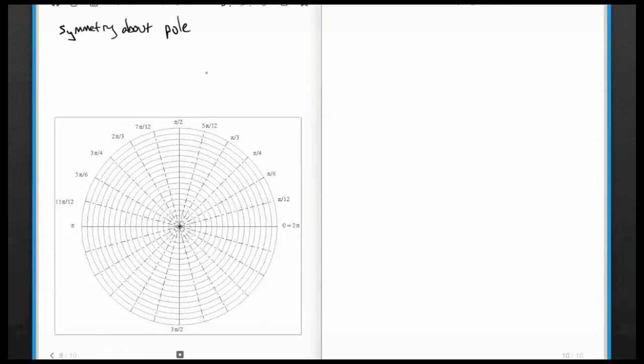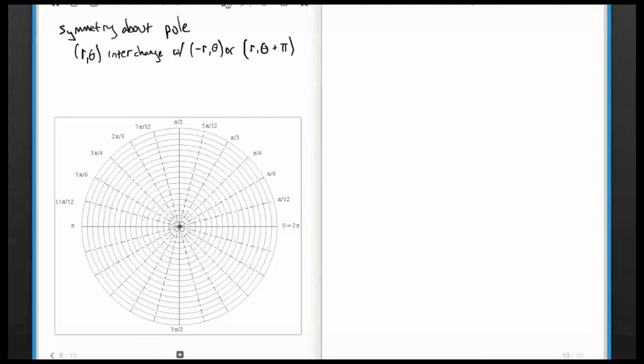And symmetry about the pole, if r and theta interchange with either the points negative r, theta, or r and theta plus pi. Those are the 2 points.